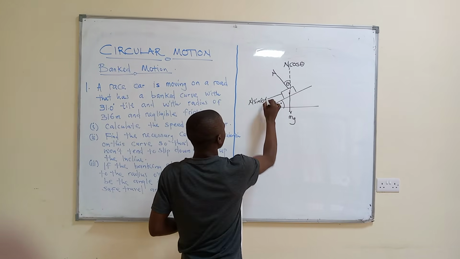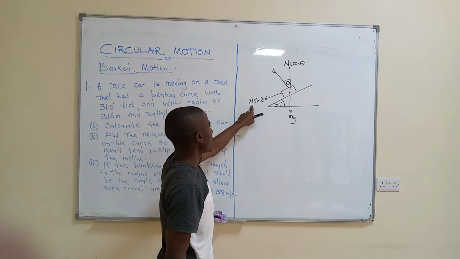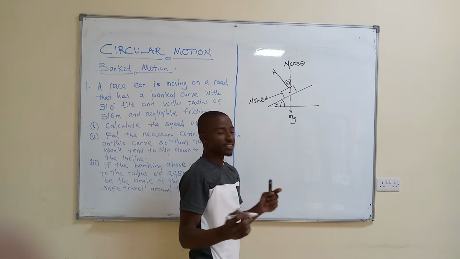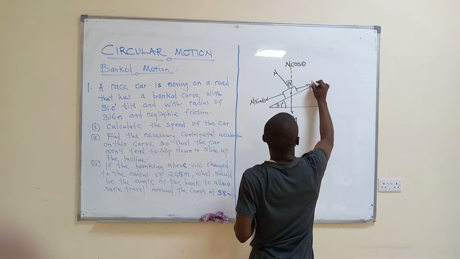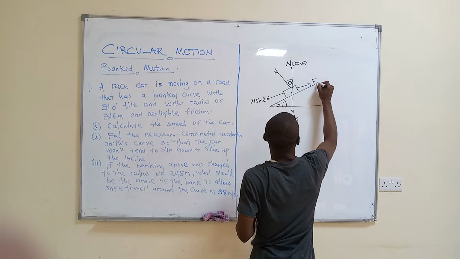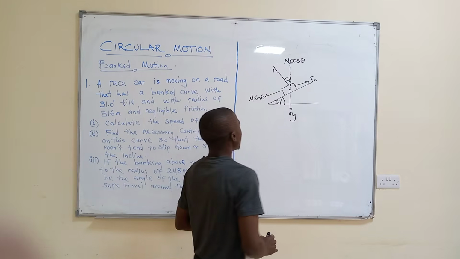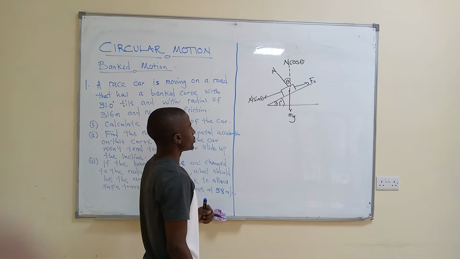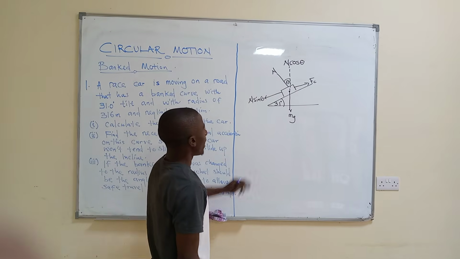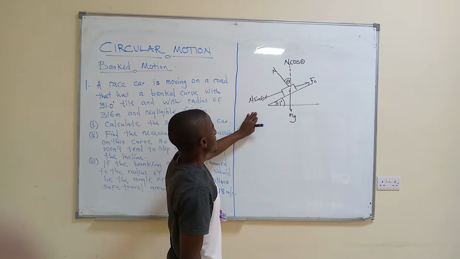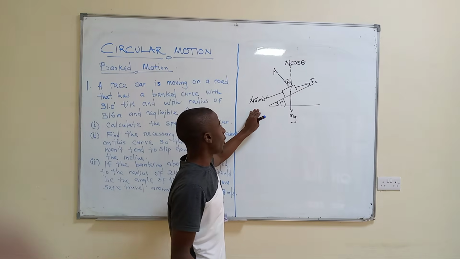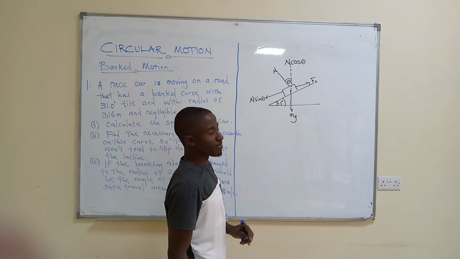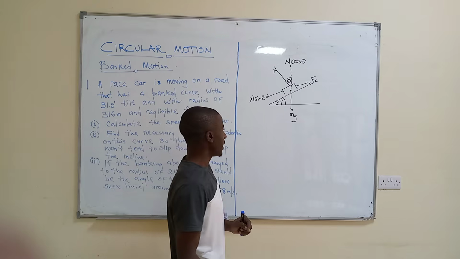Now, to balance this force, I'm going to put centripetal force this way. So centripetal force. Now from there, what am I going to do? I'm going to abide to the summation of forces in vertical or in y-axis, also summation of forces in x-axis.